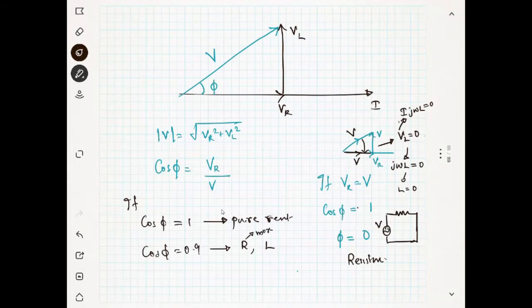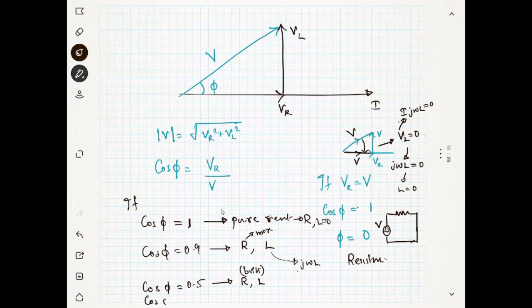The reactance for L is j omega L, and 1 means pure resistance, that means only R, with L equal to 0. 0.9 means it contains both R and L, and R is more. Now cos phi equal to 0.5 means both are 50-50, the impedances are the same.